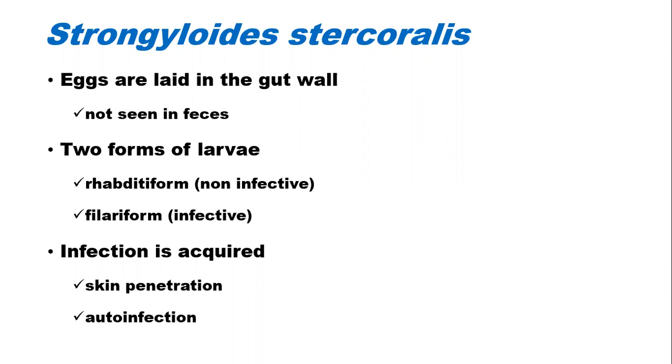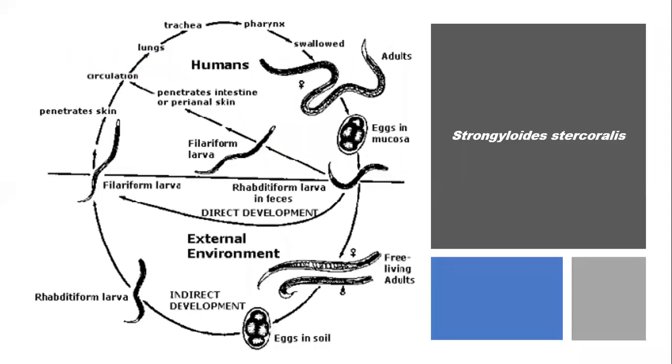The larval form can actually, and we can also have autoinfection when these eggs release the larva in the host, and then the larva matures to the third stage form, which can establish the infection. So let's look at what the life cycle looks like. Now we're going to consider the life cycle in humans and what happens in the external environment.